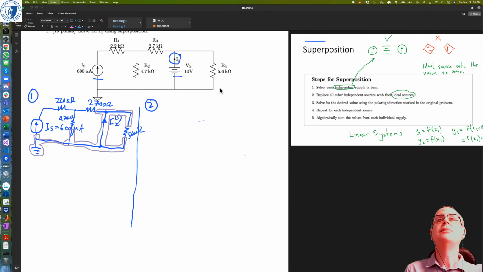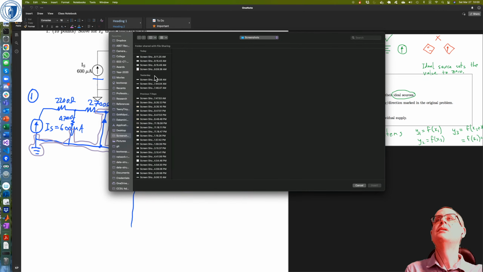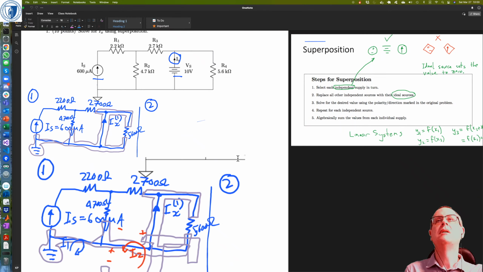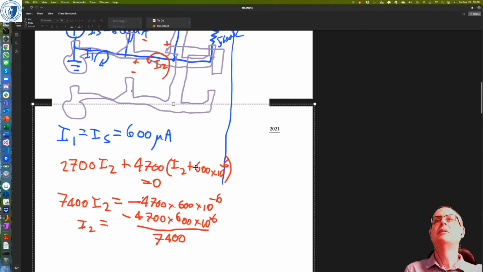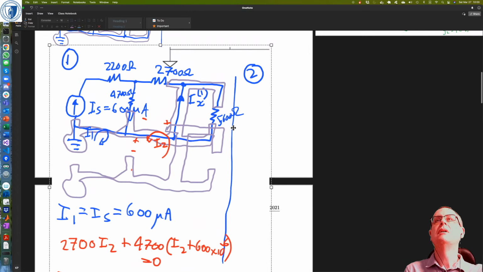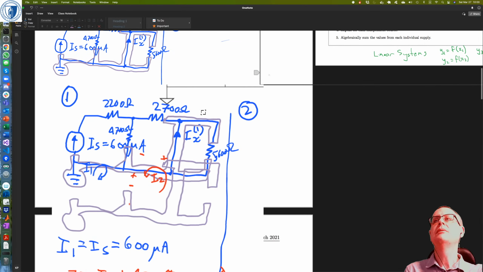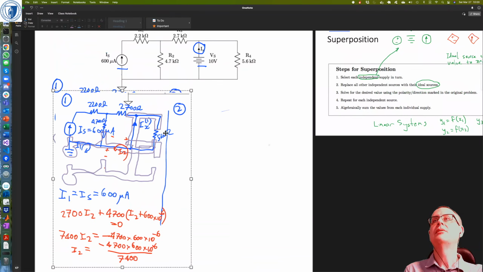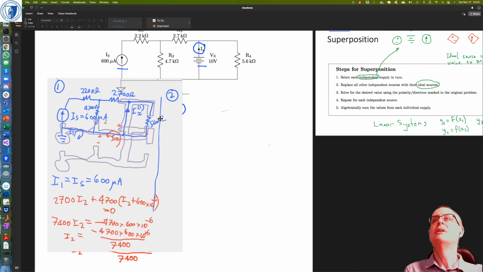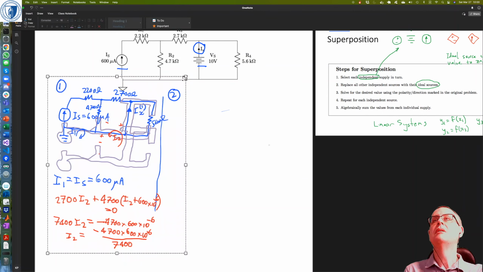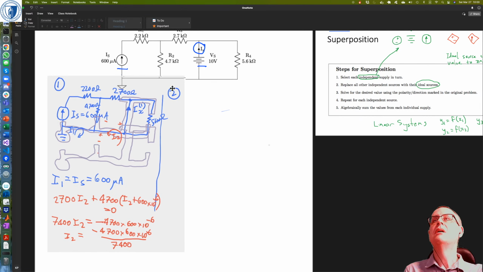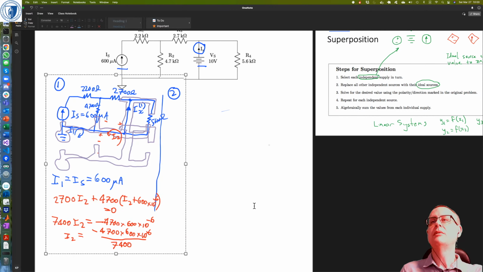Let's see if we can insert a picture. Oops. That's a bit bigger than the original, so let's just see if we can get it roughly the same size. That'll do.